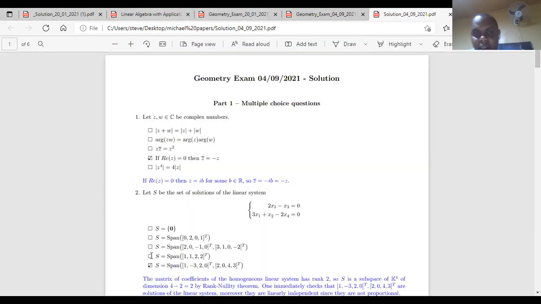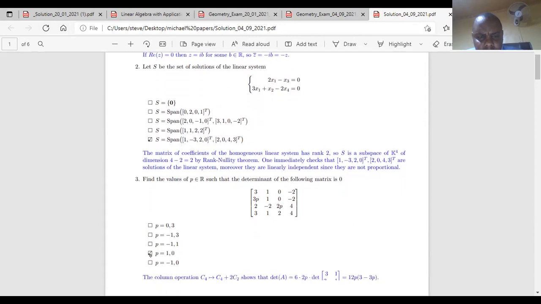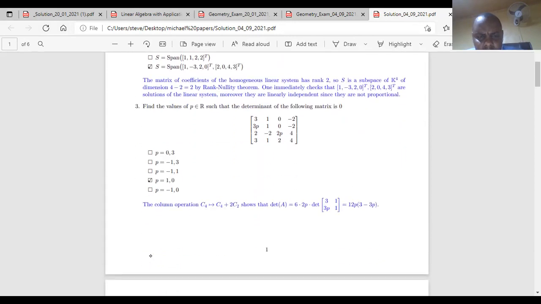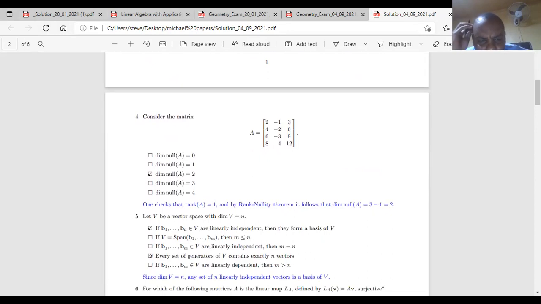Let me look at the solution. The solution says it's 1. The rank of A is 1 by the rank-nullity theorem. 3 minus 1 equals 2. Oh.